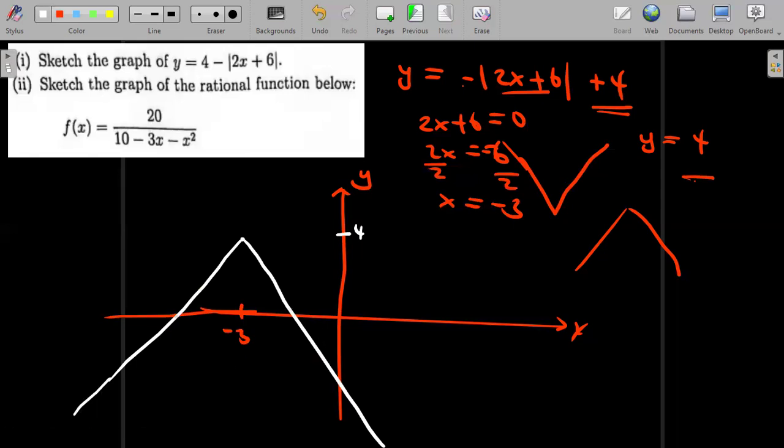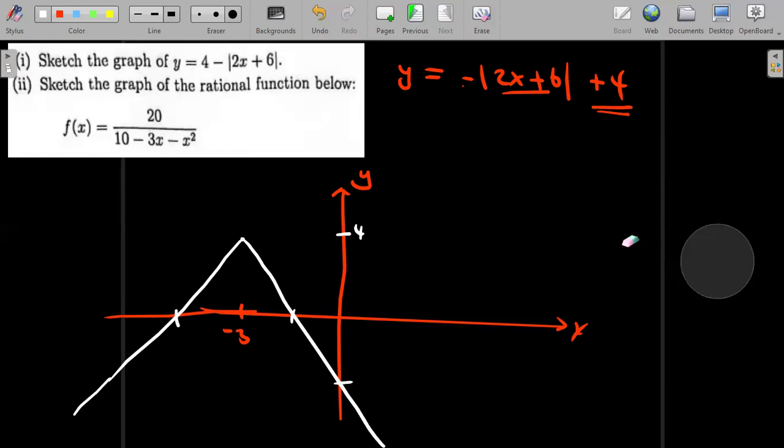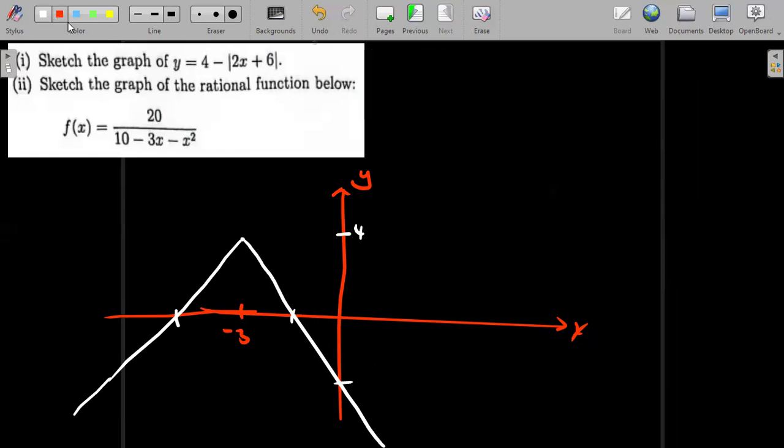So if you want, you can get more points like these points here and that other point. The way you can find those points, we're having this equation where we have 4 minus modulus of 2x plus 6, and when y is 0, then you solve for this.